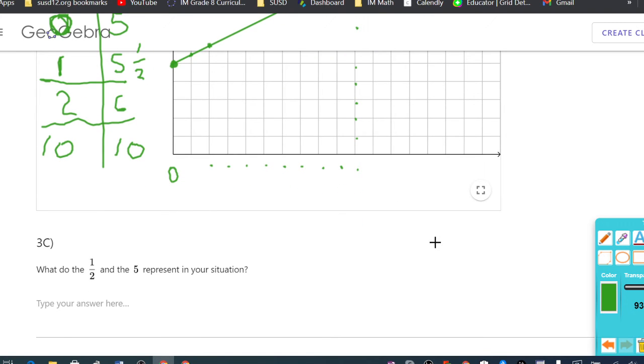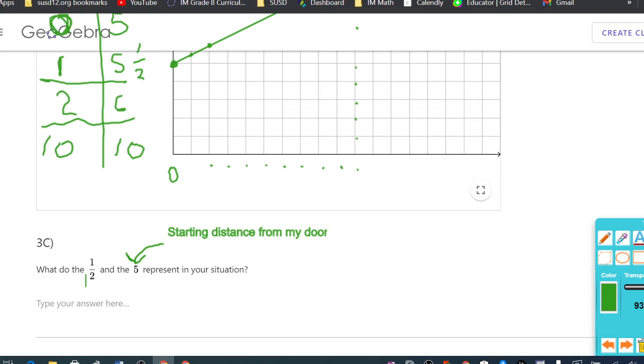Next question. What do the 1/2 and 5 represent in your situation? In my situation, 5 represents the snail's distance from my front door. I'll call that starting distance. I was going to say initial distance, but let me be a little easier. The 5 in my situation represents the starting distance from my door, 5 inches away.